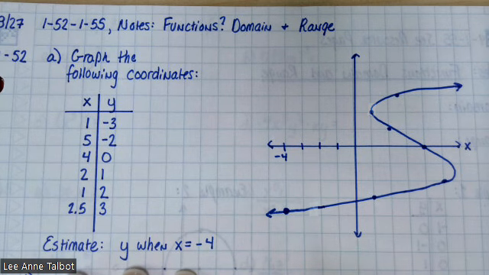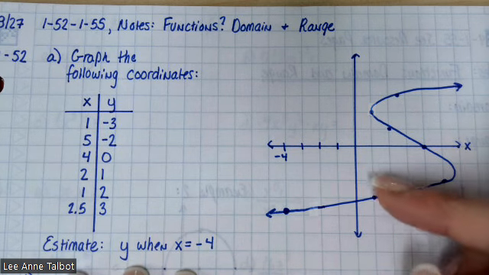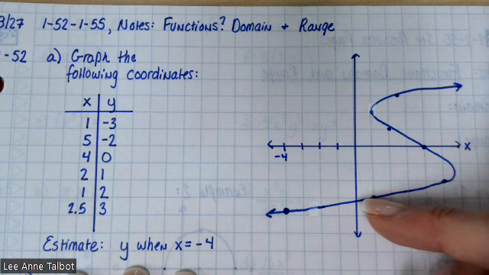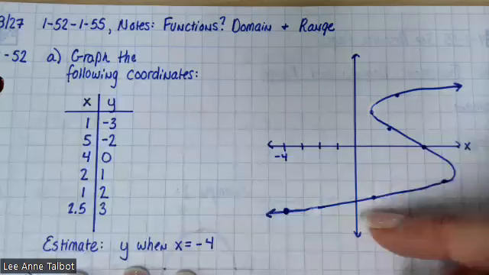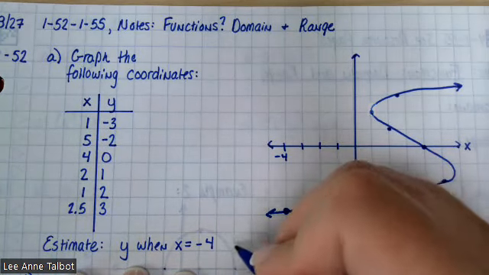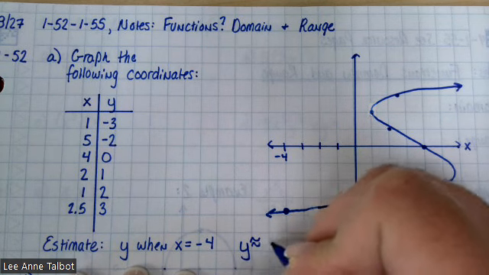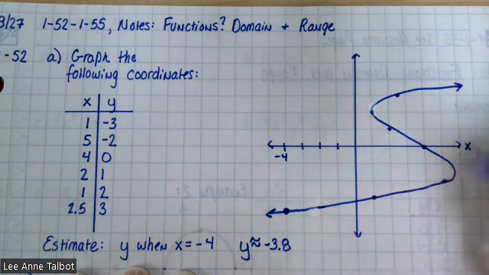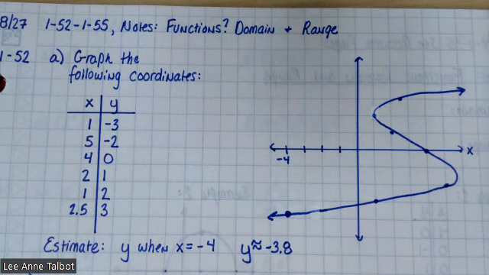And we're going to estimate what y is. -1, -2, -3. What do you think? -3.8? You guys might have something different on your paper. I'm gonna say -3.8-ish. Do you think it was supposed to be -4, but my curve is just bad? Probably.